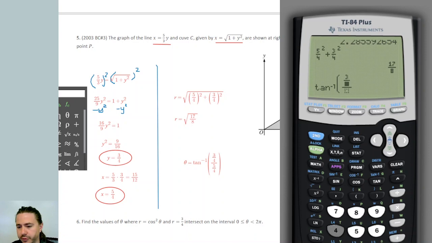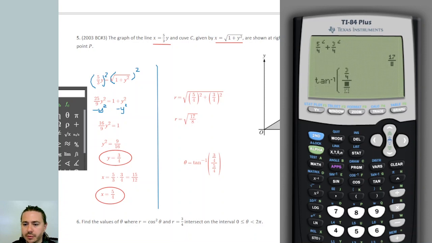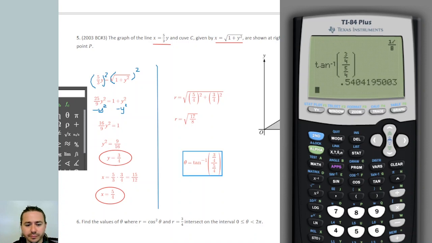So 3/4 over, nope. Okay, here we go. 3/4 over 5/4. And we get about 0.54. So theta is approximately 0.540.